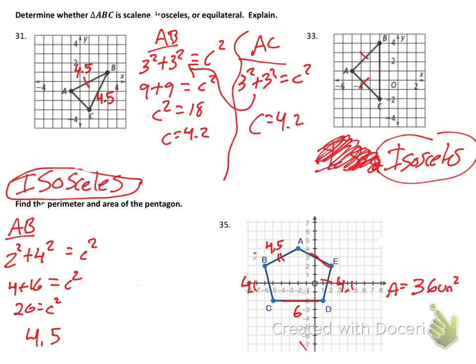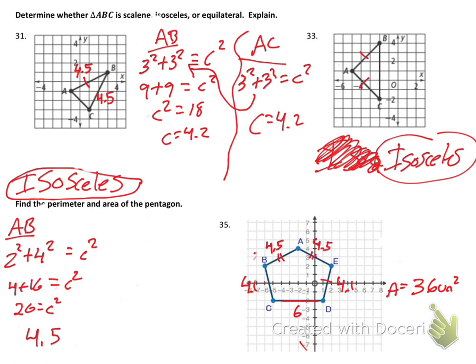And then finally, we're looking for AE, but if I do the same thing, if I draw this triangle to find the third side, I'm going to get the same. This is going to be 2, this is going to be 4, and it's going to look exactly like this one. So I can then assume that AB is going to be equal to AE. So that's going to be 4.5.